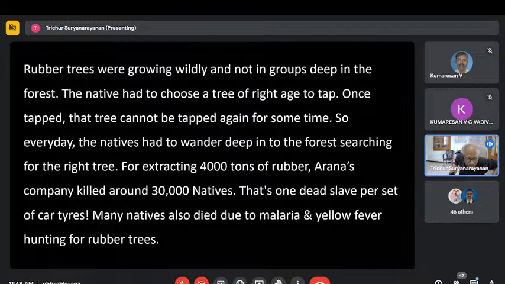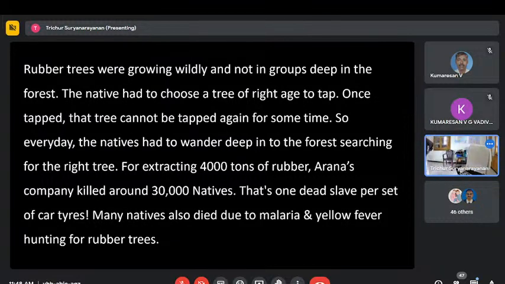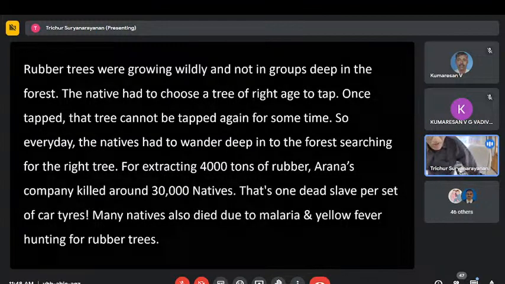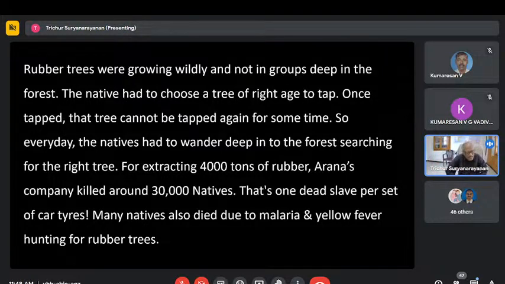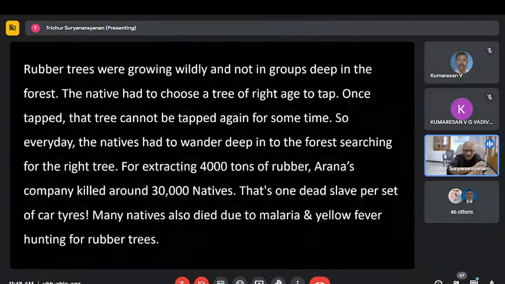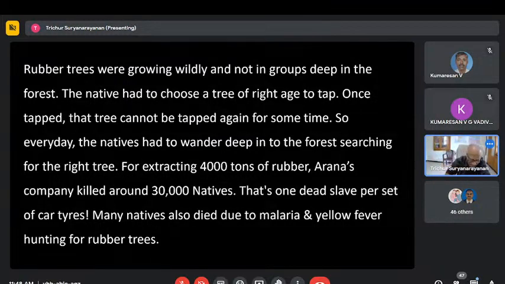And apart from that, many slaves also died due to malaria and yellow fever infection when they went deep into the forest, where mosquitoes were breeding in large quantity.